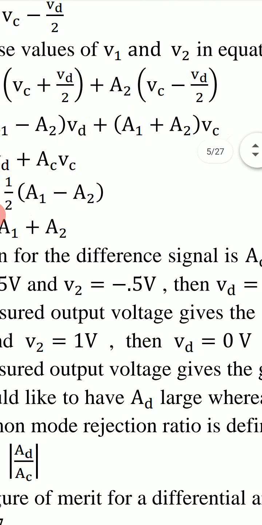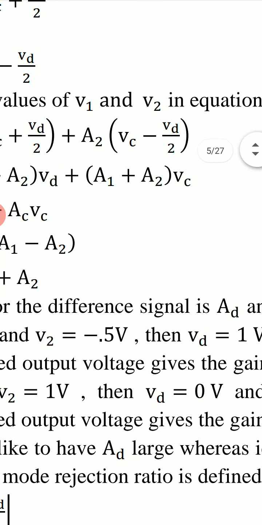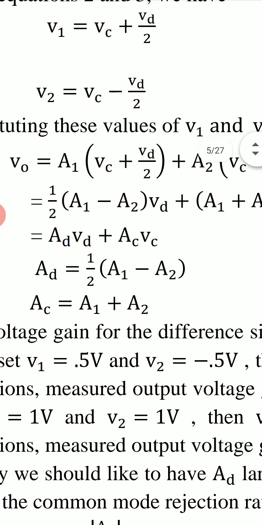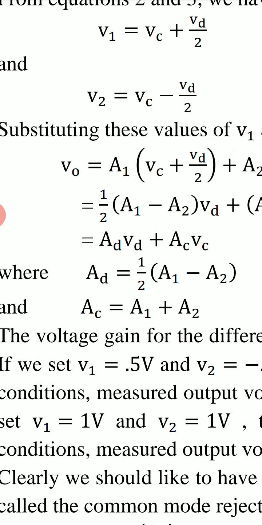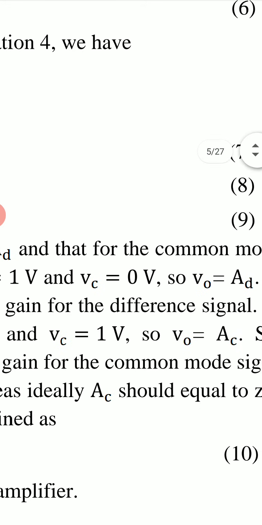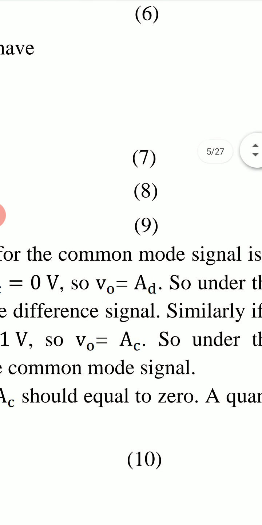Substituting these two values in this equation 7, Vo equal to AdVd plus AcVc, we get Vo equal to Ad.